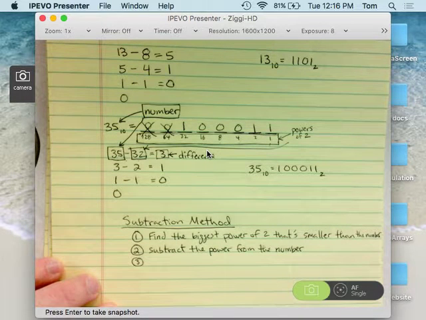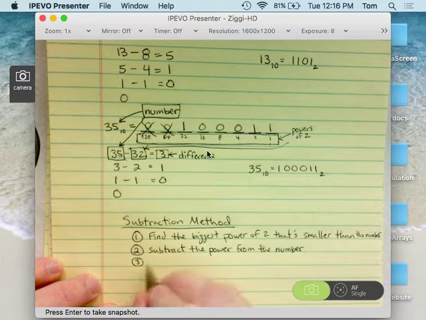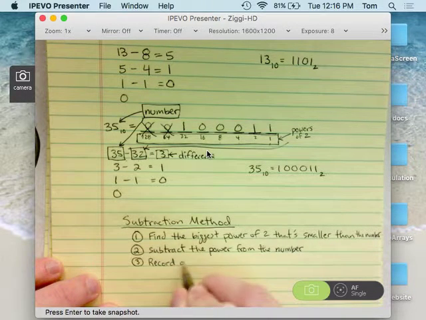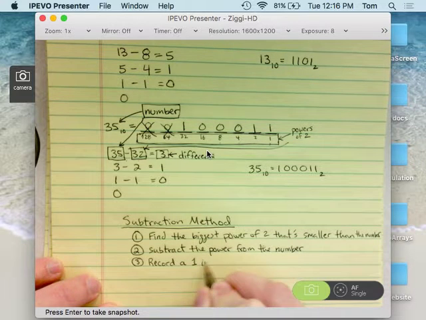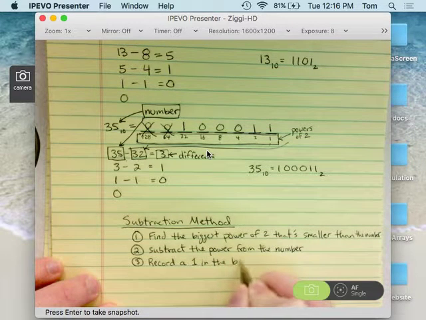Step 3, we're going to record a 1 in the binary value.